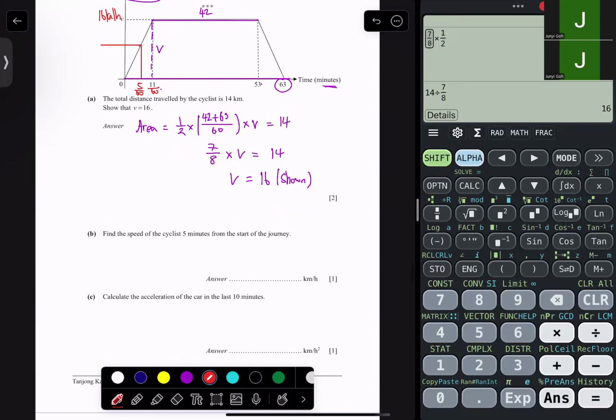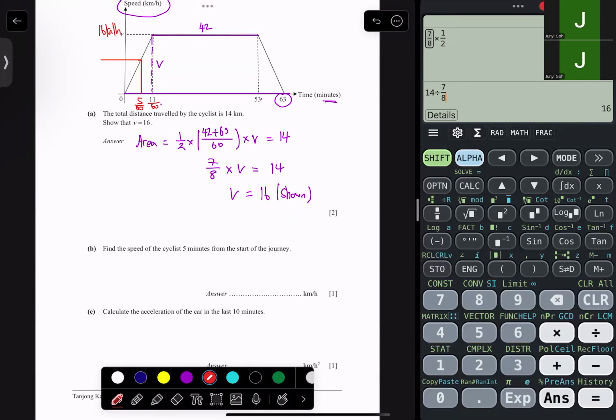Okay, so let's find the speed of the car. We know that acceleration is the gradient. Since it starts from 0, that's convenient. So acceleration is equal to 16 divided by 11 over 60, which equals 960 over 11 kilometers per hour squared.